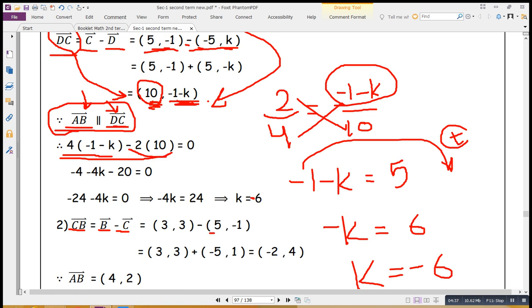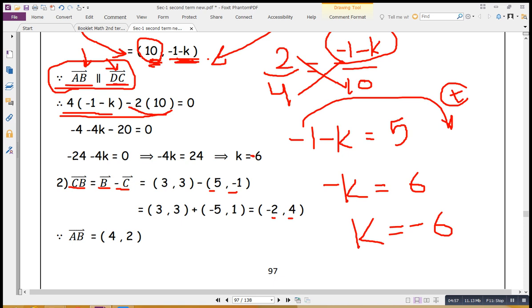We subtract them: 3 minus 5 is -2, and 3 minus -1 is 4. So the answer is (-2, 4).